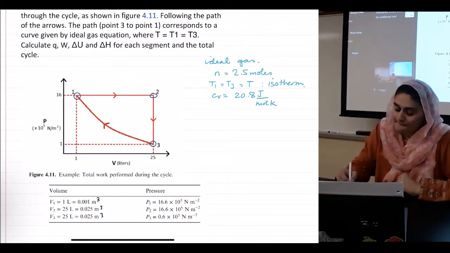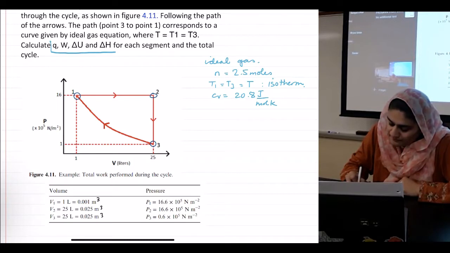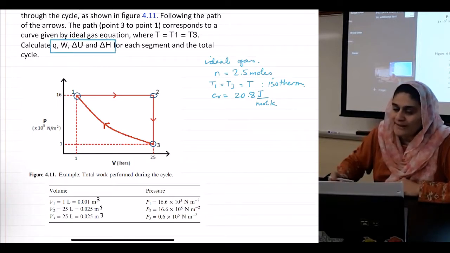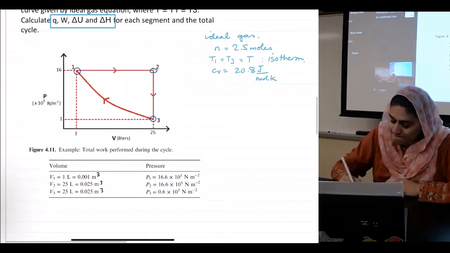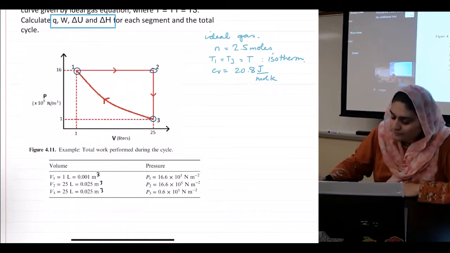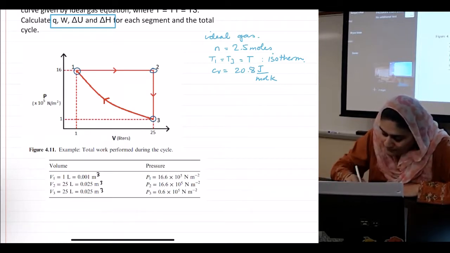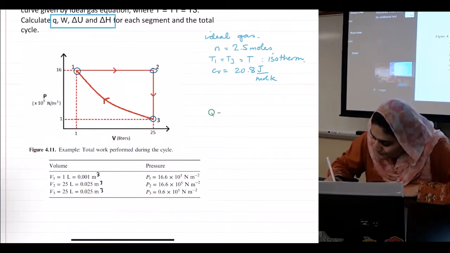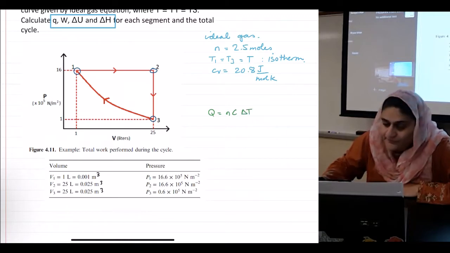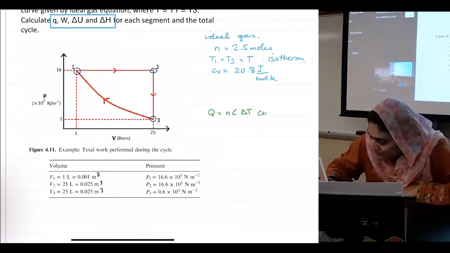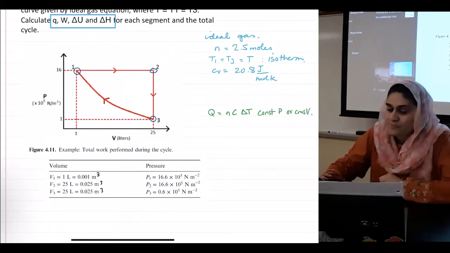Okay, so what are we looking for? All of these? Let me write out what I know. Q, pick a color. Green. Q is NC delta T, depending on if it's a constant pressure or constant volume, it will change.